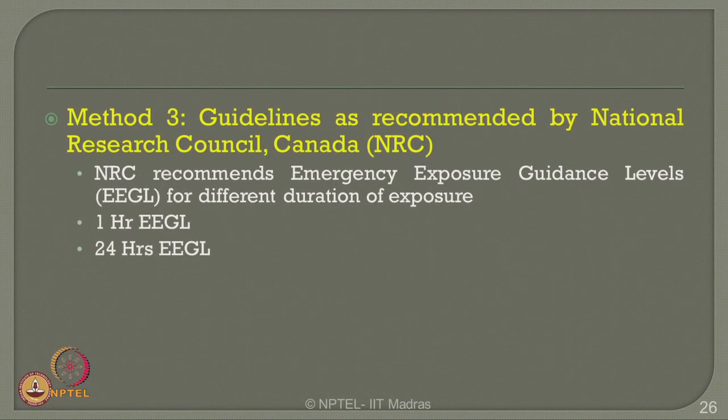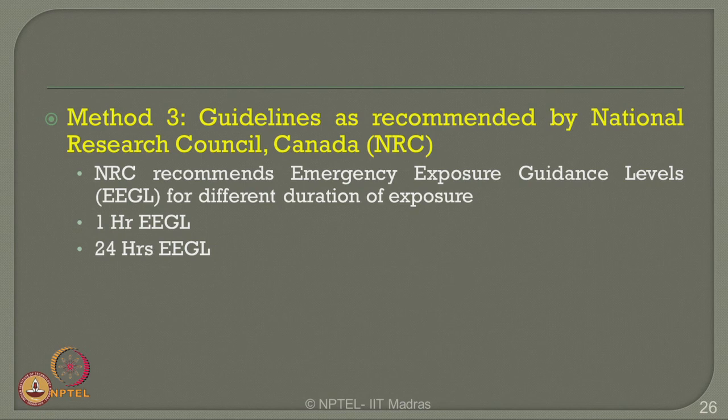The third method depends on the guidelines given by the National Research Council Canada, which is NRC. NRC recommends emergency exposure guideline levels, EEGL, for different durations of exposure, varying from 1 hour EEGL value to that of 24 hours EEGL value.